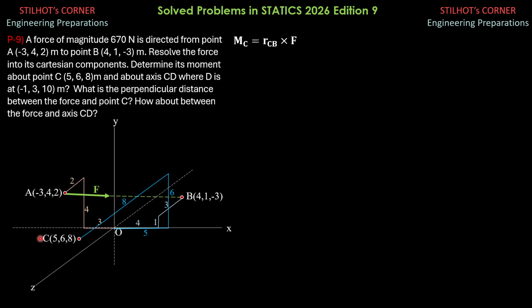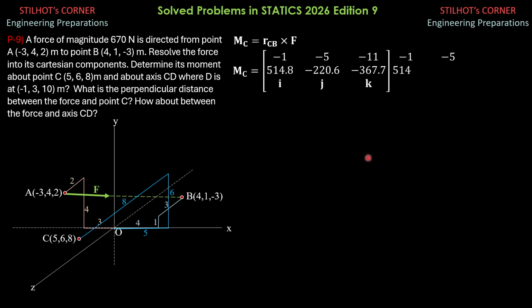So moment C is RCB cross F, where RCB is B minus C. So 4 minus 5, so RCB would be negative 1i, 1 minus 5, negative 5j, then negative 3 minus 8, negative 11k. So M sub C is the quantity negative 1, negative 5, negative 11, components of force, then unit vectors i, j, k, copy the elements of the first two columns.